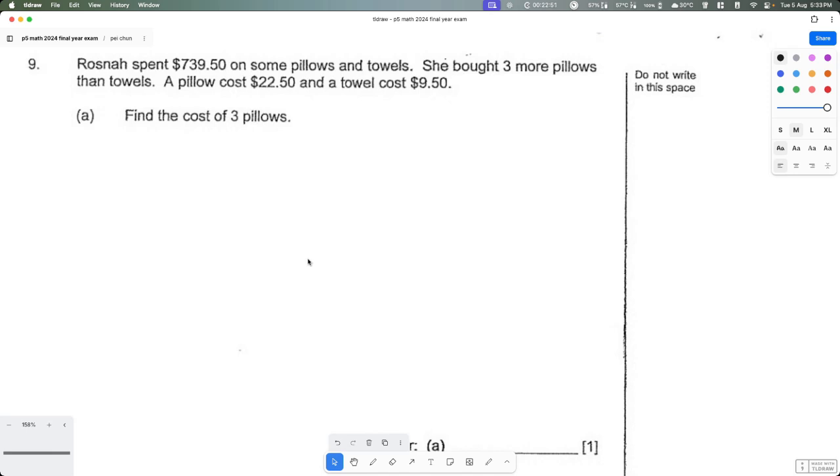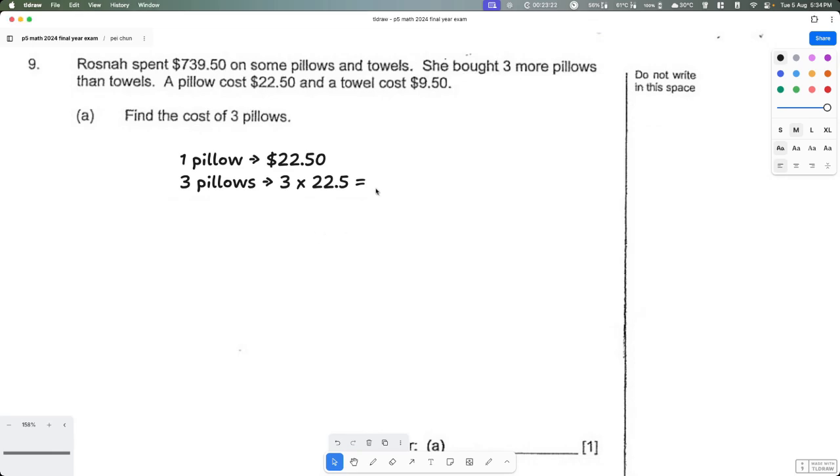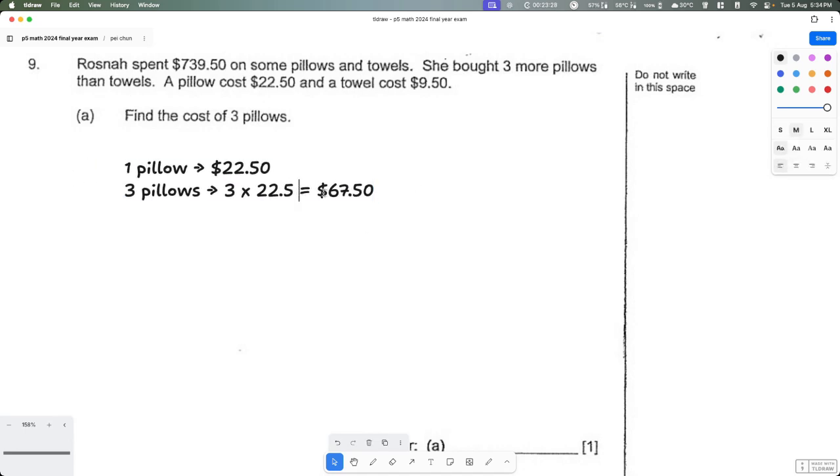Okay, one pillow is equal to $22.50, and then 3 pillows is equal to 3 times 22.5, which is equal to 67.5. Okay, $67.50. All right. Okay, let's move on to the next part.